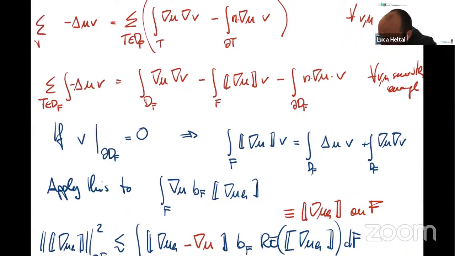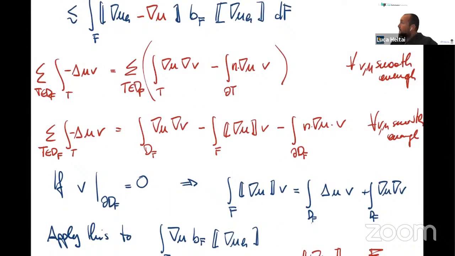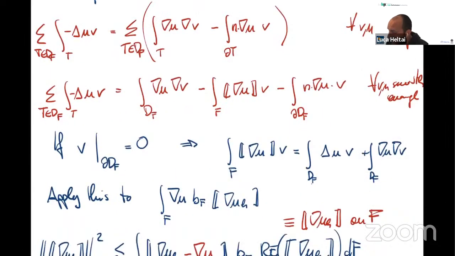This is the sum for t in df of the Laplacian of u t integrated over t. Does that make sense? So I'm splitting things into various integrals, and I'm making sure that I'm left over with a part which is on the face. So this is the only thing that survives with respect to the integrals which are outside of the face.